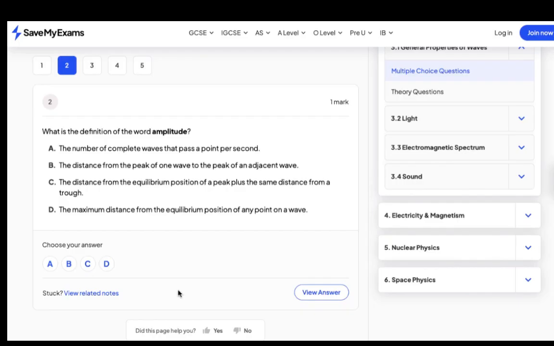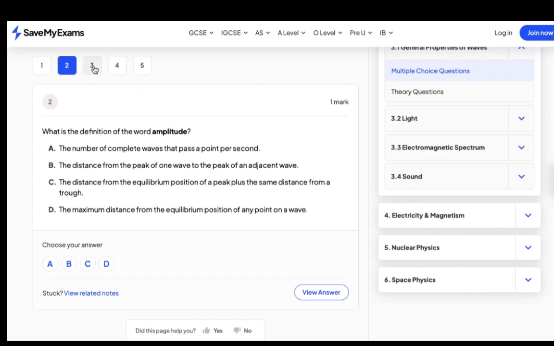So now you look again between B, C, and D. Which one is the correct answer? The maximum distance from the equilibrium position of any point on the wave. D is the correct answer. Yes, that's what we call amplitude.